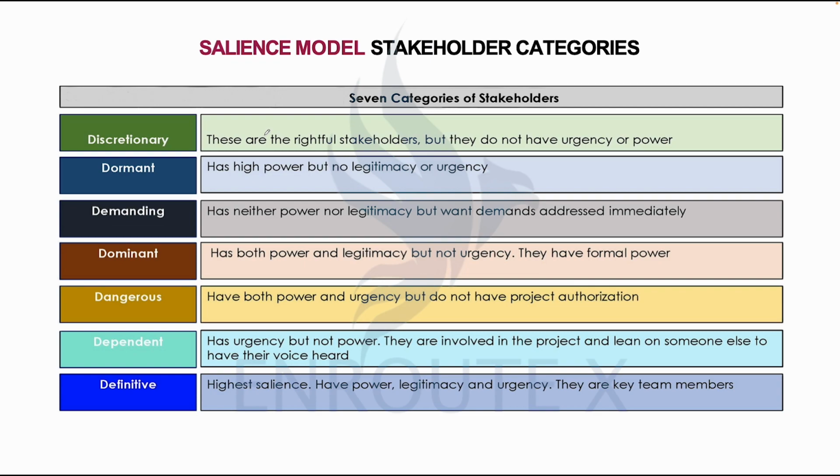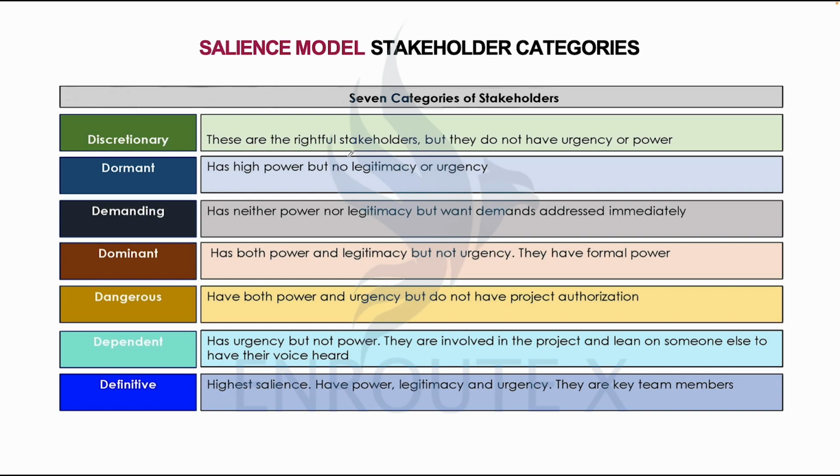We have the last slide broken down into the 7 categories. The discretionary, these are rightful stakeholders, but they do not have urgency or power. The dormant has power, high power, but no legitimacy or urgency.